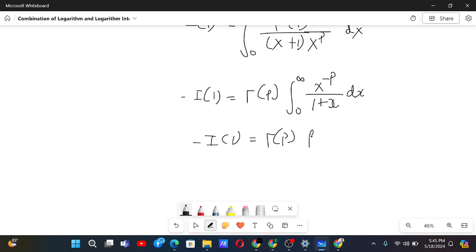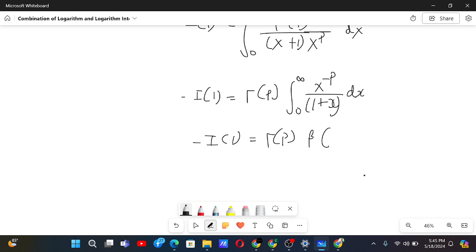After this, we have minus I of 1 as gamma p times, now this is just a beta function. So this over here is just 1. This will be the beta function of minus p plus 1, and plus p, because the sum needs to be 1. I think I made a mistake.